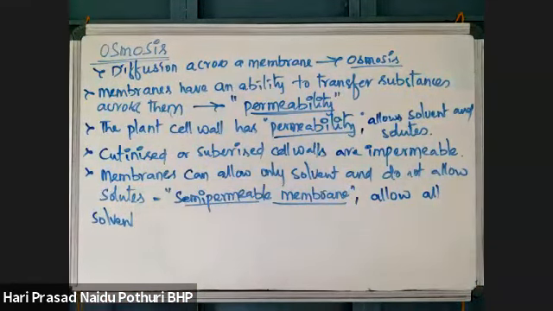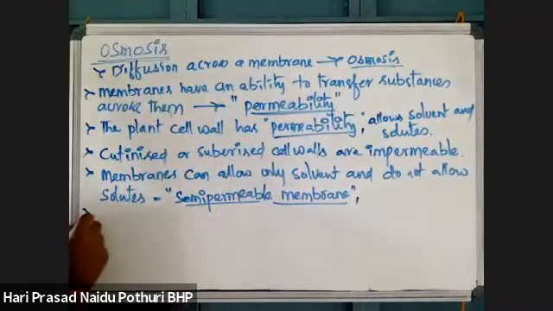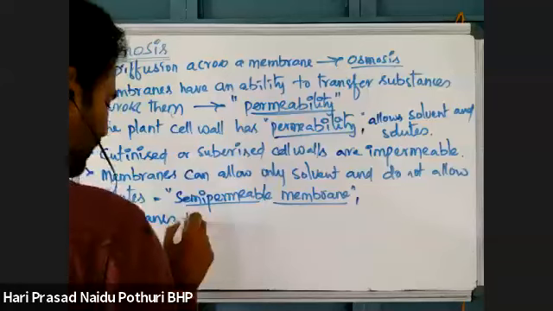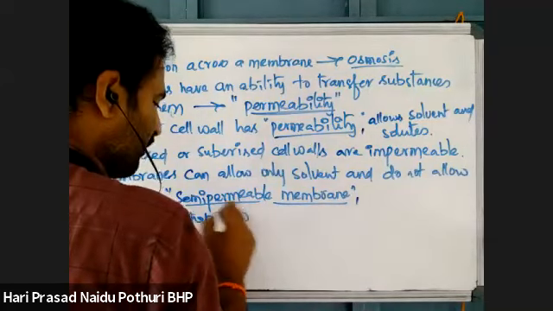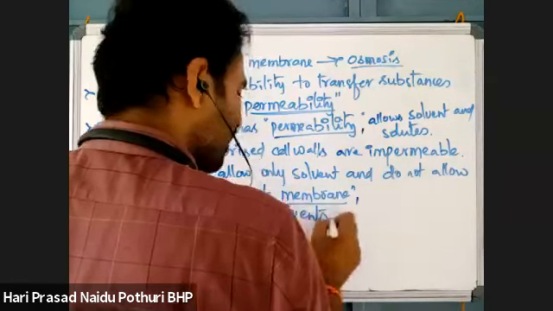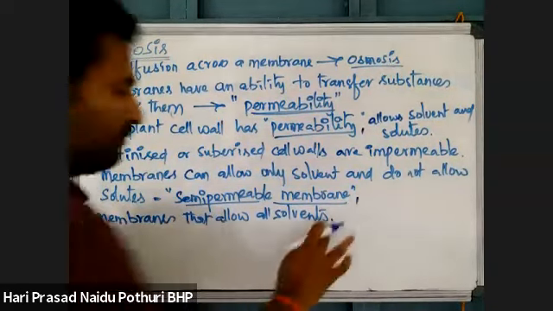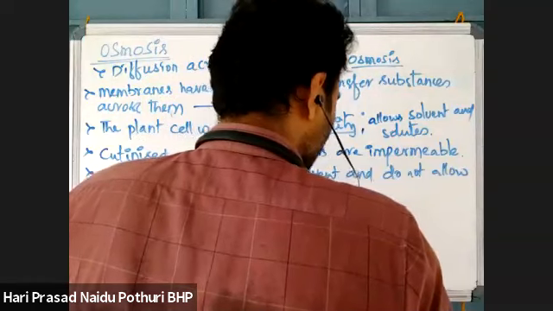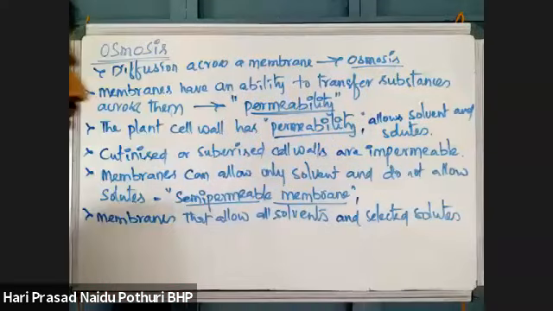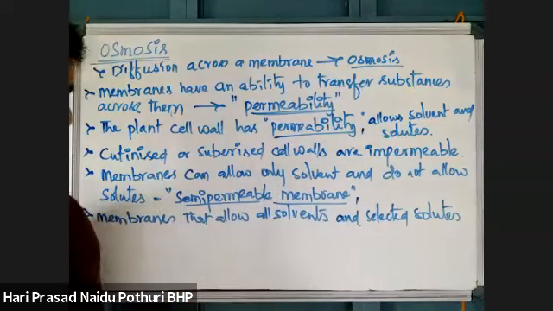They allow what? Otherwise, you write it separately. Membranes that allow all solvents but only selected solutes, which is allowing solvent but not allowing solute, are semi-permeable.